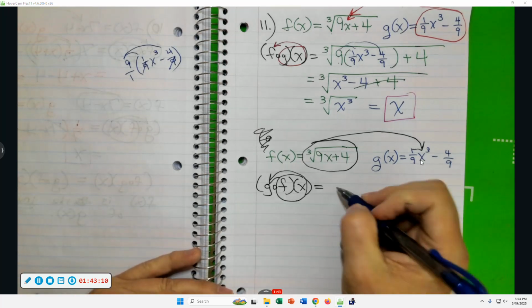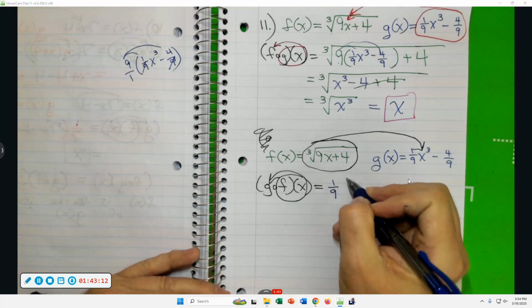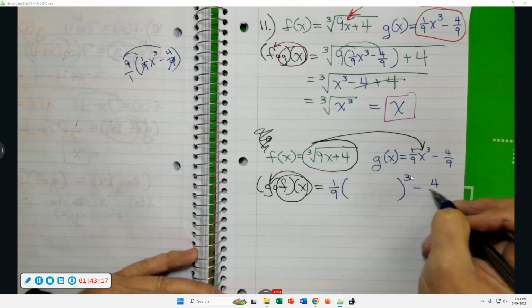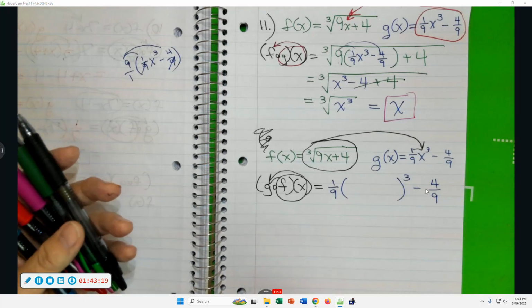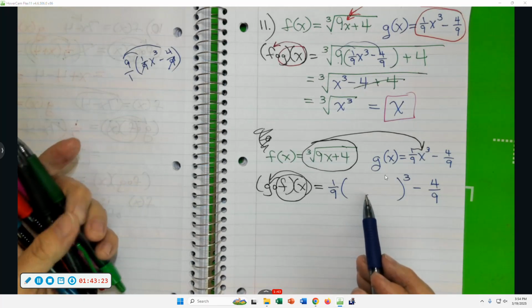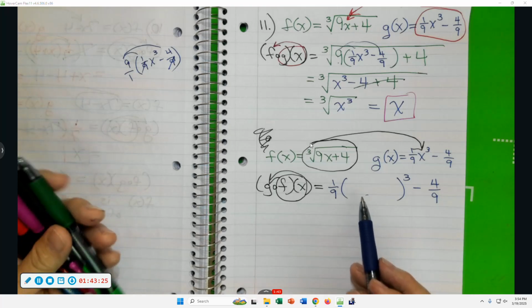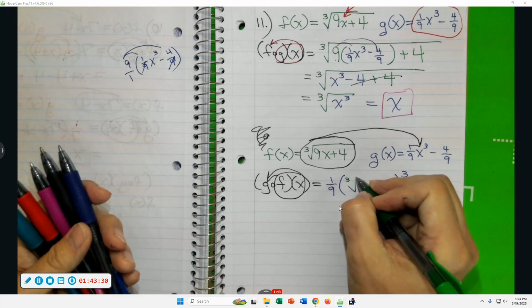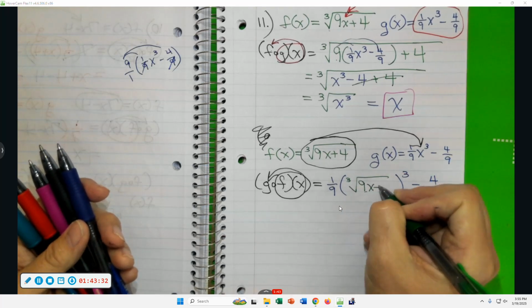We have a 1/9, we have that cube, we have that minus 4/9. What am I going to write here that's going to be cubed? That cube root stuff, okay. The cube root of 9x plus 4.